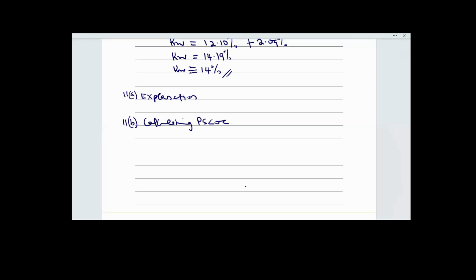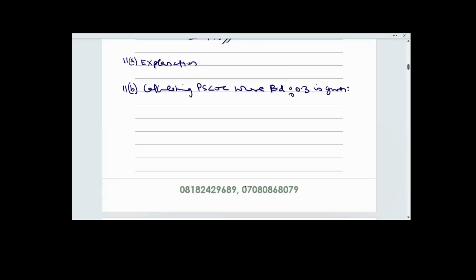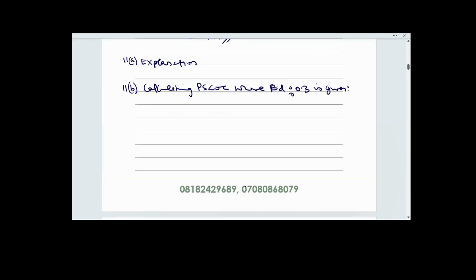Don't go and be writing PSCOC on the day of your exam. You have to write it out in full. So calculating project-specific cost of capital, where a debt beta of 0.3 is given. So there is no need for me to say identify the proxy beta.